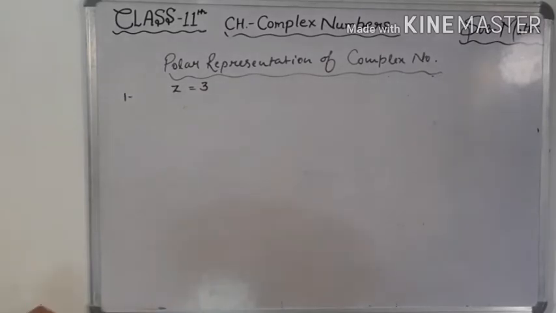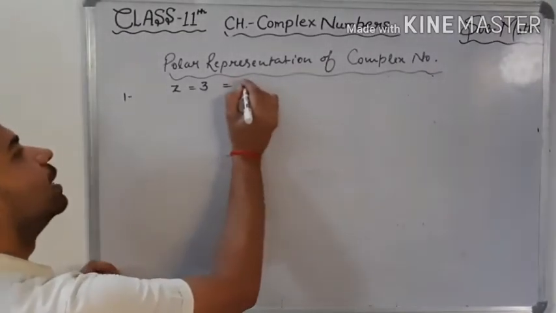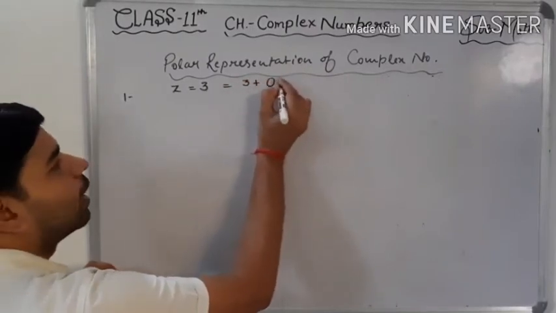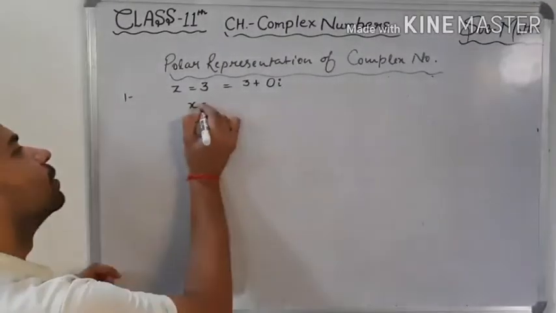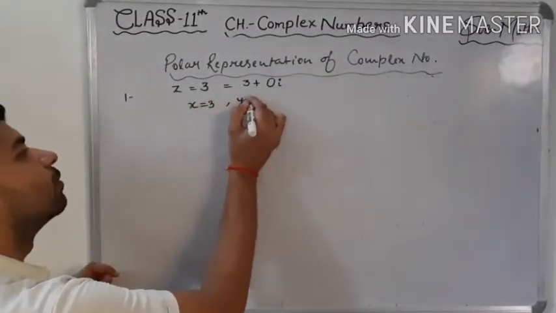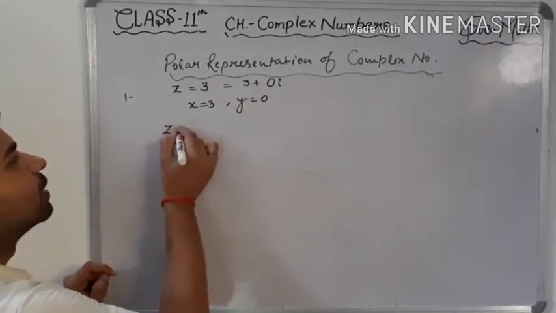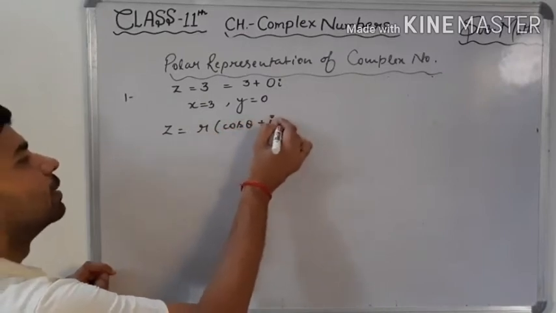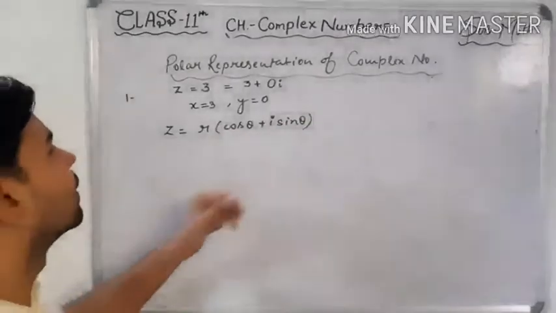Convert it into polar form. First we have to write this in a plus ib form. This is equal to x plus 0i. Here x is equal to 3, y is equal to 0. Now the polar form is z equals r cos theta plus i sin theta. We have to find r and theta.